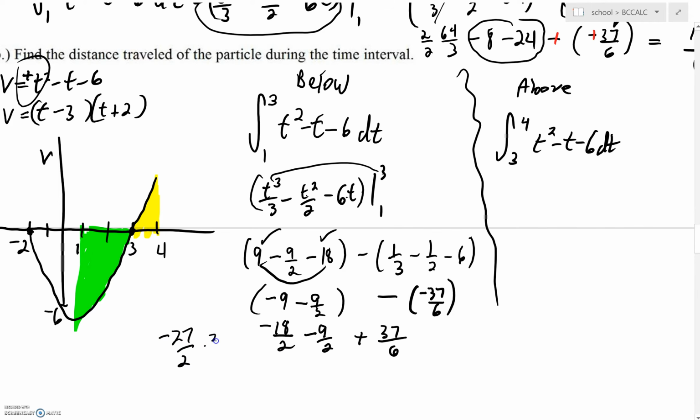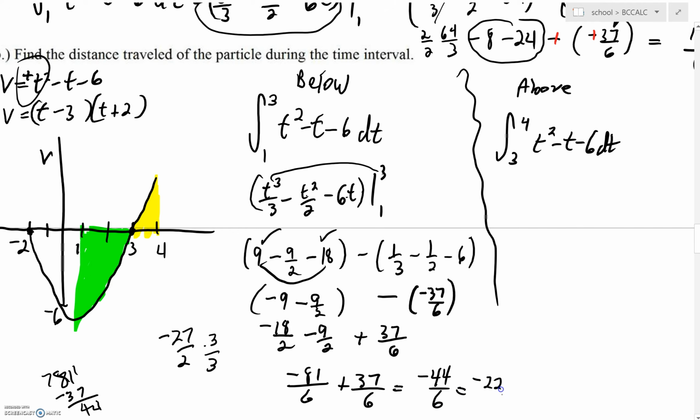But if I wanted to get a common denominator by multiplying by a 3, I could easily do that. I could get negative 81 over 6. And, right here, if we just did 81 minus 37, just doing a whole bunch of work here, I think you get 44. So you'd get a negative 44 over 6, or equivalently a negative 22 over 3.